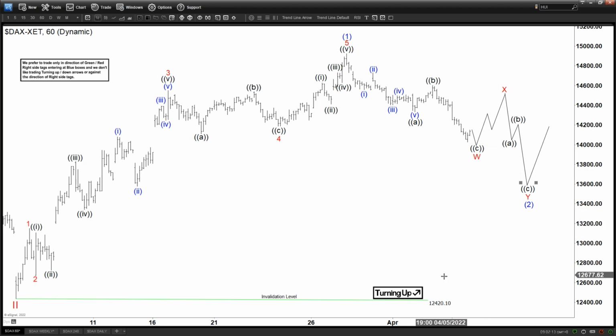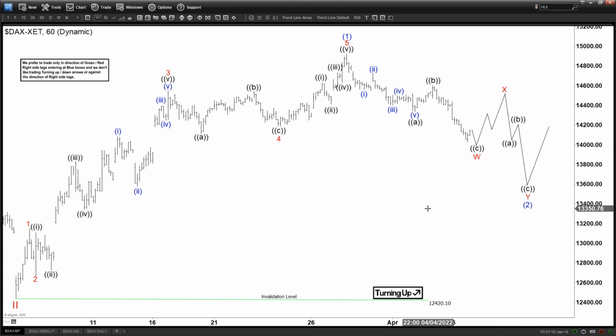Based on this view, it is eventually expected to extend higher as long as it doesn't break below 12,420. The only question is whether we are going to be correcting in a bigger 7 swing, or wave 2 can always finish as a 3 swing instead of a 7 swing, and then we can rally from here. That would be the alternate scenario.